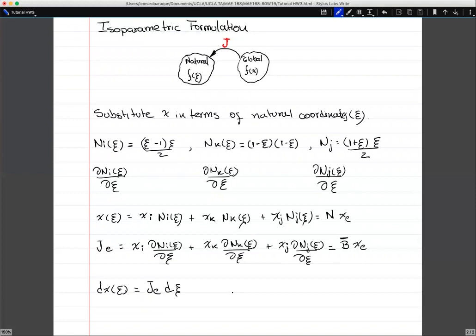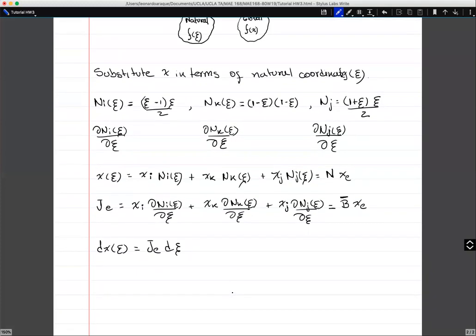Since we already have this Jacobian, which is actually a number for our case, what we need to do is multiply this Jacobian by this differential d psi.